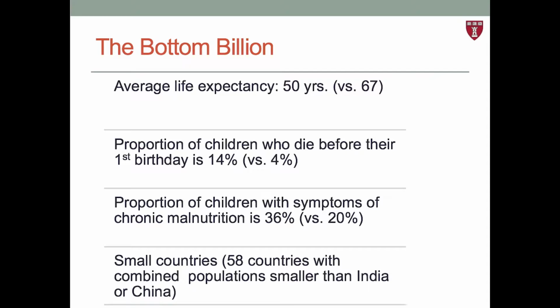As you can see, health indicators of the bottom billion are significantly worse than global averages. So at that time, average life expectancy for the world was about 67, but average life expectancy for the bottom billion was 50, a 17-year difference. And look at the proportion of children who die before their first birthday, 4% on average globally versus 14% in the bottom billion.